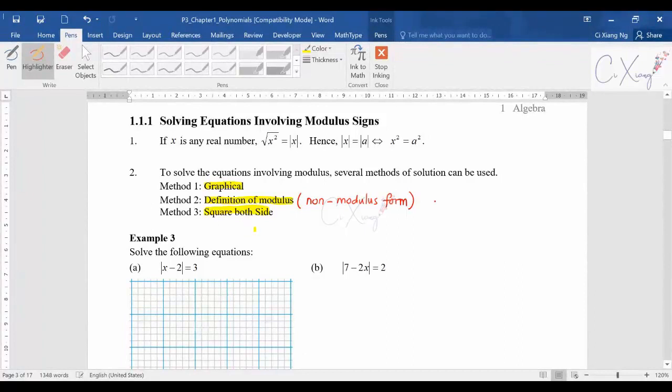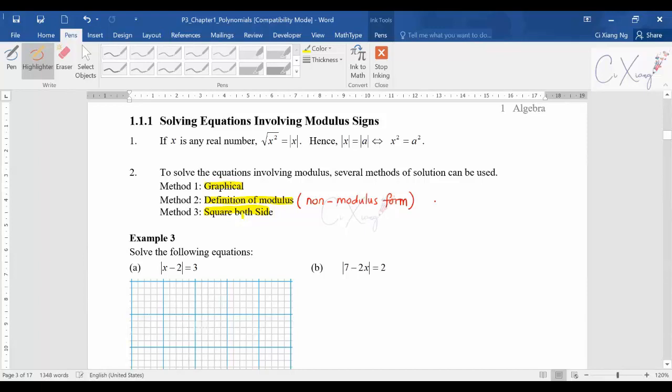For certain patterns of questions, some of these three methods will be suitable for different kinds of questions. There's no single best way for one particular question, but generally you need to know which is the more suitable method to use in the exam.